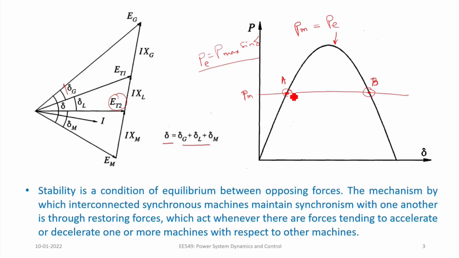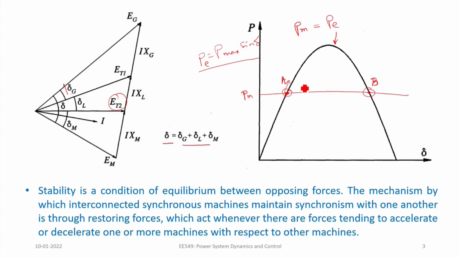Let us see. Suppose your operating point is lying at point A. Now your system is operating at point A. Now you give a small disturbance here. Okay. If we give a small disturbance, what will happen? Suppose we reduce the load on the system.